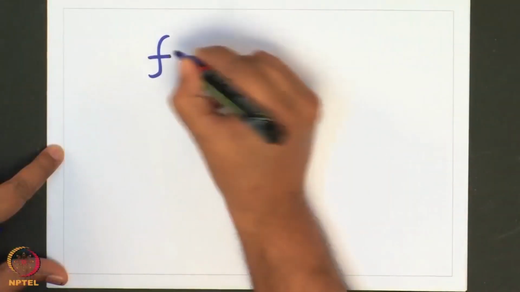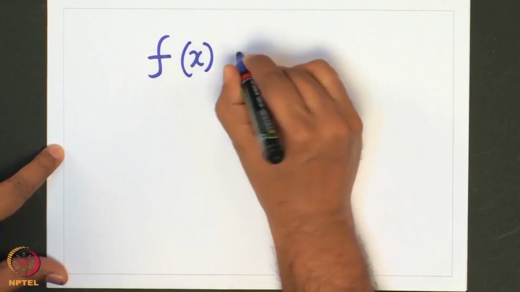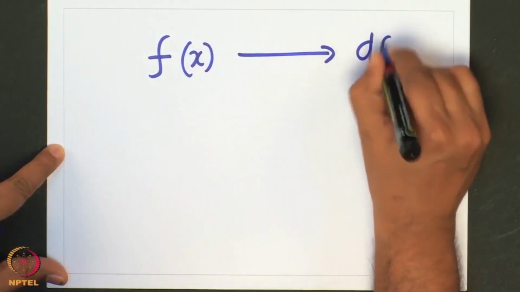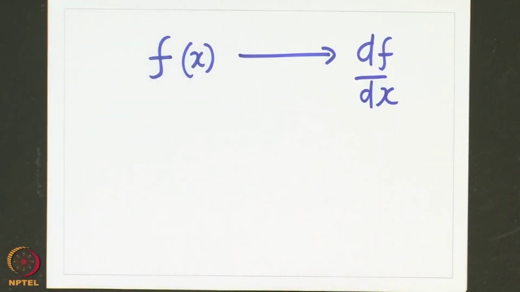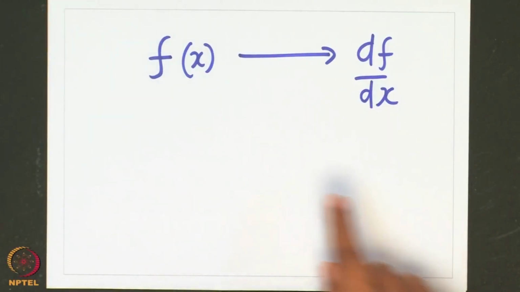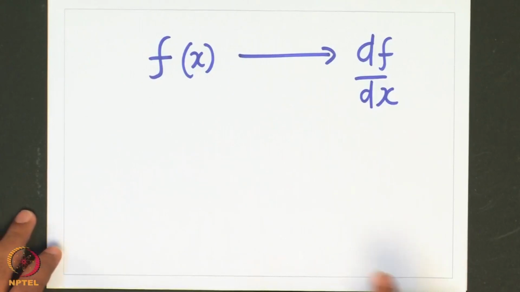So, to understand this, let us recollect what we knew. We knew the function f of x, and we calculate the slope df by dx. So, this is what we call differentiation, which is finding derivatives.